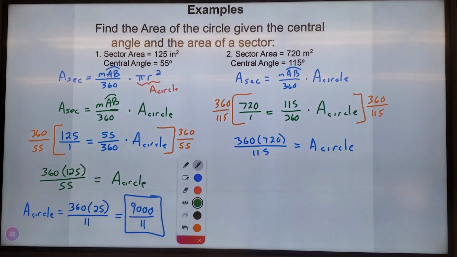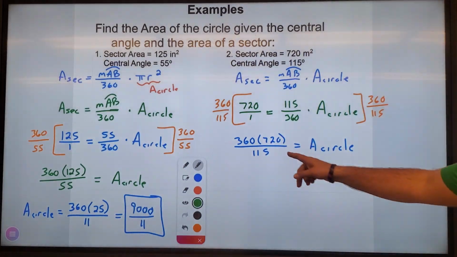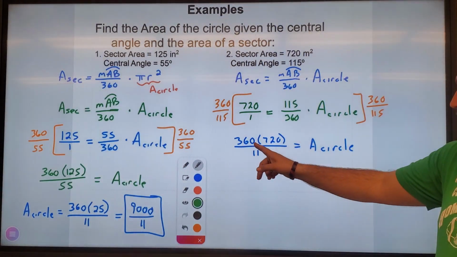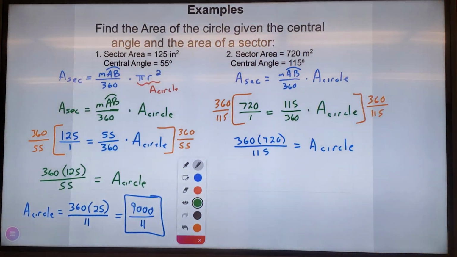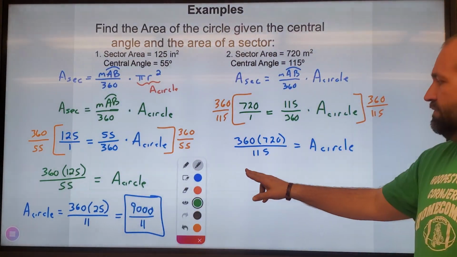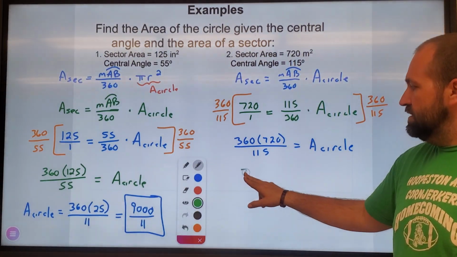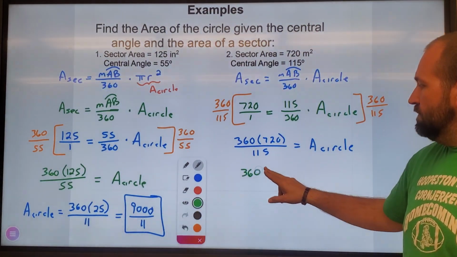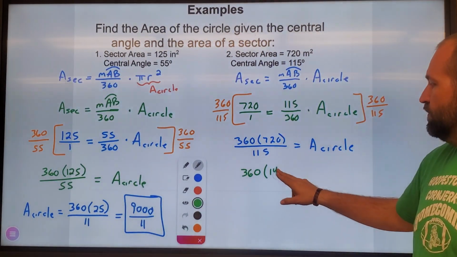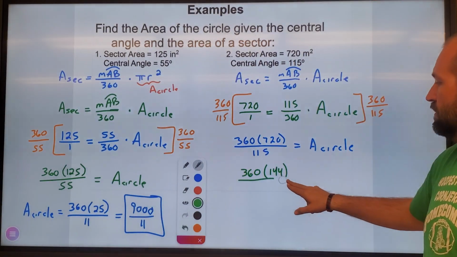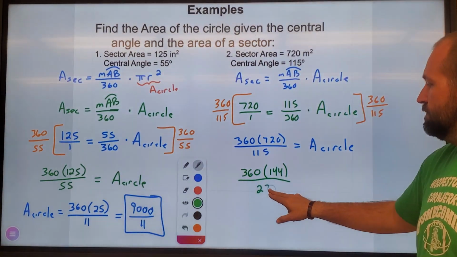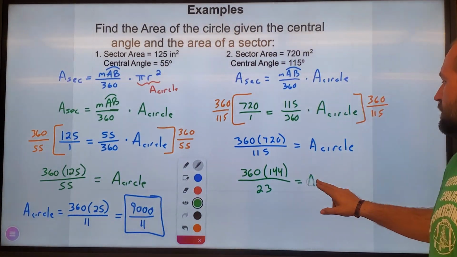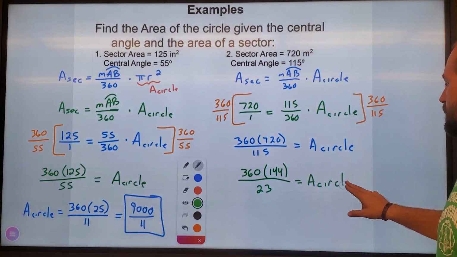Okay, and I'm going to divide the top and the bottom by 5. Okay, so I'm going to do the 360. I'm going to do the 720 and the 115 by 5, which is going to give me 360 times 144 over 23 is the area of the circle.